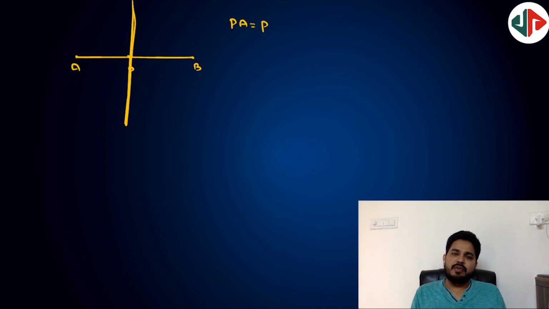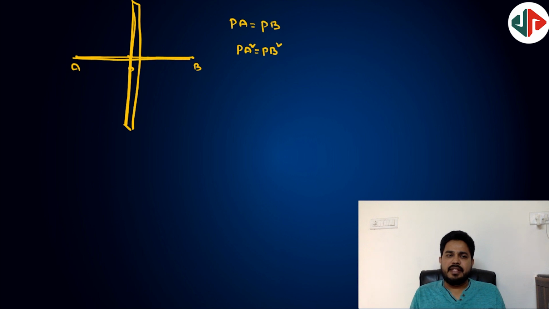PA is equal to PB, so PA square is equal to PB square. If you take this, you are going to get a plane where AB will be the dr of the normal of the plane, and the plane is passing through the midpoint of AB.